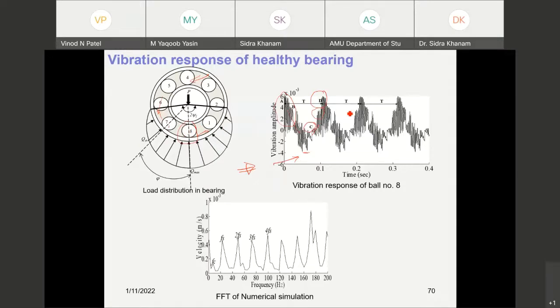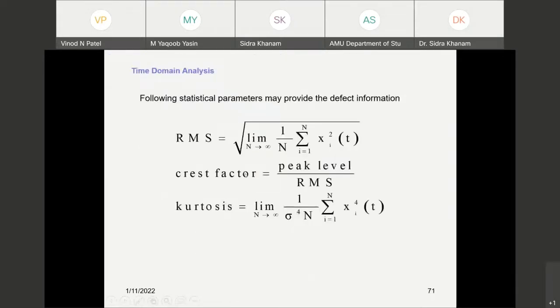If I derive the FFT of this, it will give only shaft rotation frequency and cage rotation frequency. No additional BPFI or BPFO are available because there is no defect on the race. So this is the vibration response of the healthy bearing.